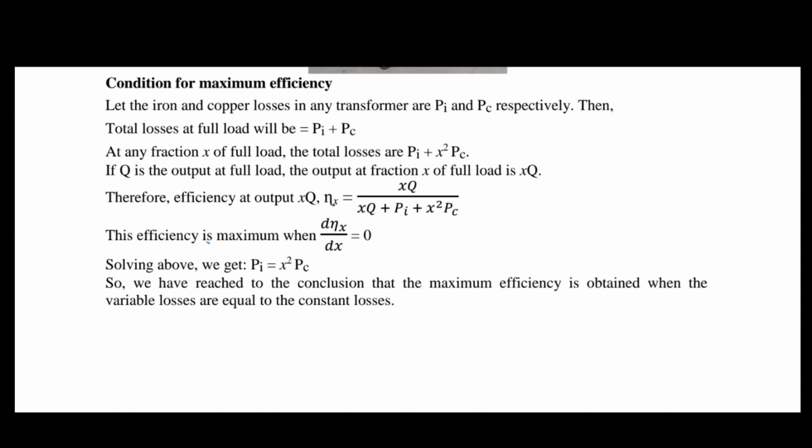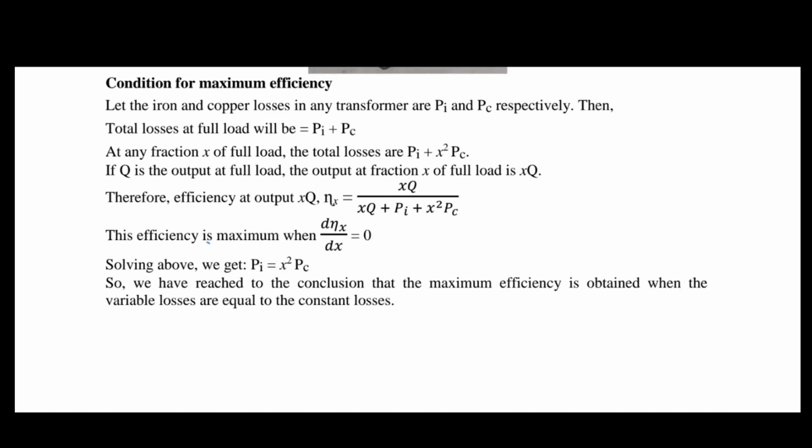Fixed losses occur in the core of the transformer. The core losses are termed as fixed losses, and in general this core is made up of ferromagnetic material or ferrous material, or you can say iron or its alloys. So these fixed losses are also called iron losses.